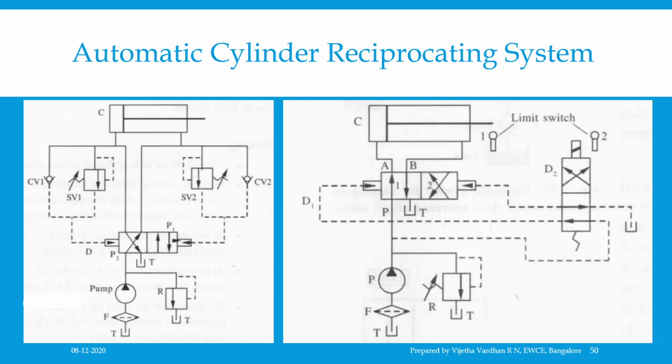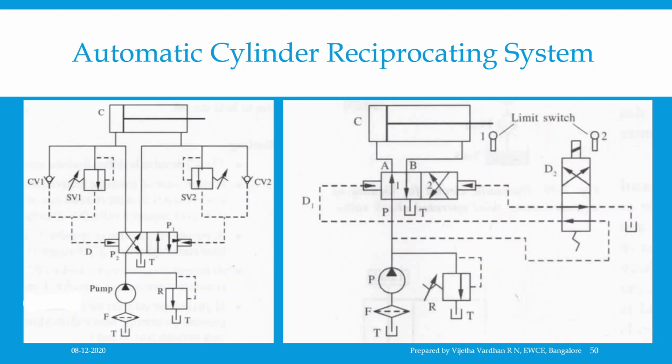Energizing and de-energizing of the solenoid changes the direction of flow into the pilot, which changes the position of the 4 by 2 pilot operated DC valve, and the corresponding extension and retraction of the cylinder take place and continue until the pump is shut off.